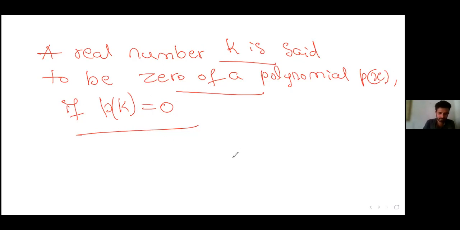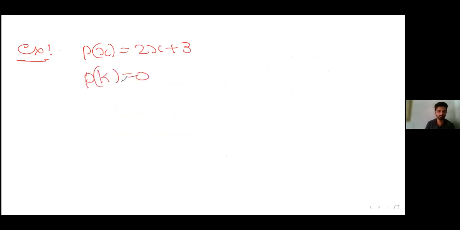Let us see some examples. Find the zero of a linear polynomial. That is the first one. p of x is equal to 2x plus 3, and p of k is equal to 0.